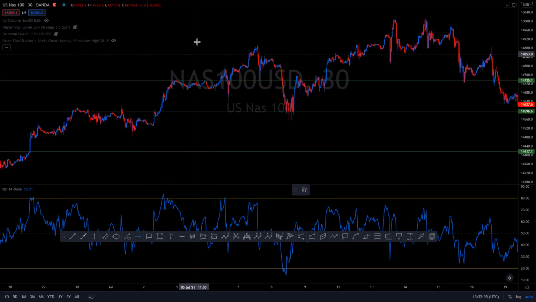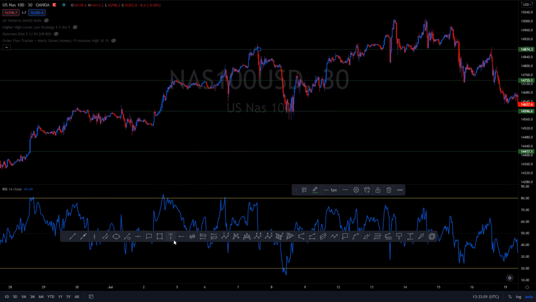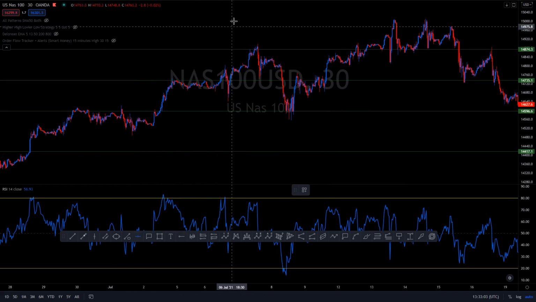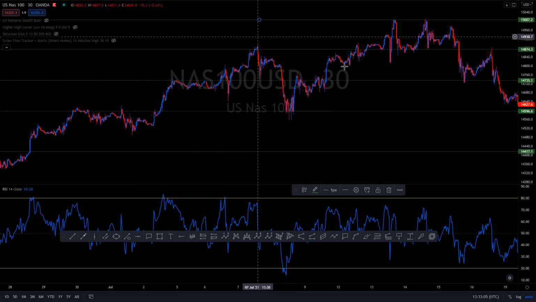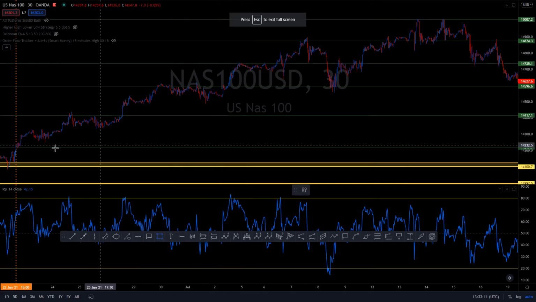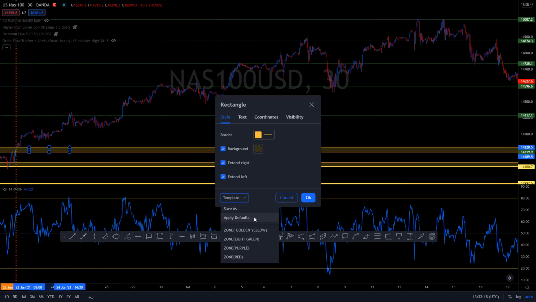We might mark that up, then go up to here, to there. And now we'll draw supply and demand zones off of this. We want to make this zone green.